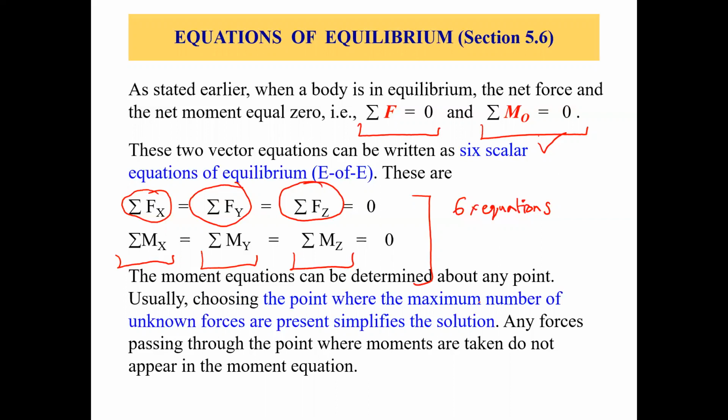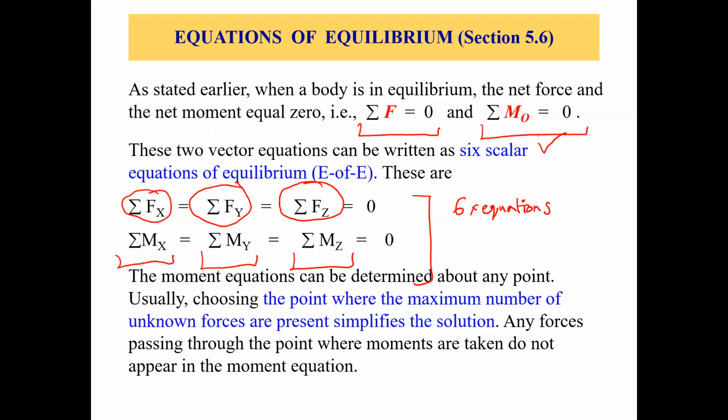Okay, so a few more points. The moment equations can be determined about any point, right? So we can take any arbitrary point and solve for the moment equation. Usually, choosing the point where the maximum number of unknown forces are present simplifies the solution. We already know that, right?